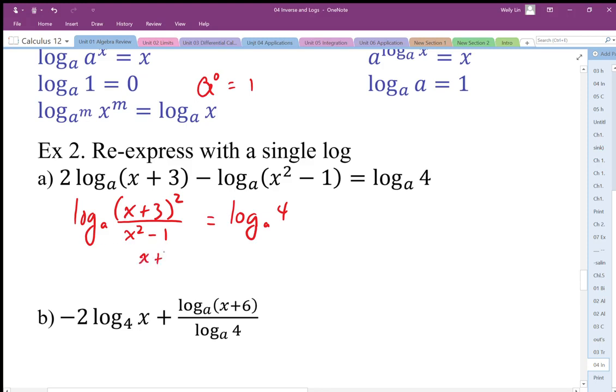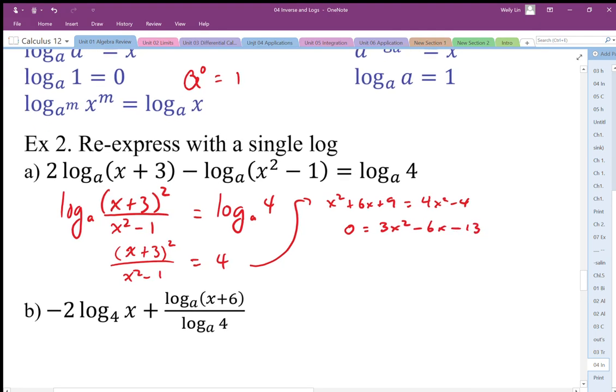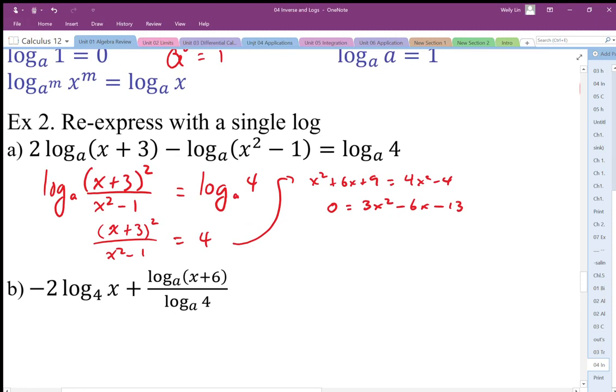So we get (x plus 3) squared over x squared minus 1 equals 4, and we can actually solve this equation. x squared plus 6x plus 9 is equal to 4x squared minus 4. So we end up with 0 is equal to 3x squared minus 6x minus 13. I don't think this is factorable, so we would solve this using the quadratic formula.